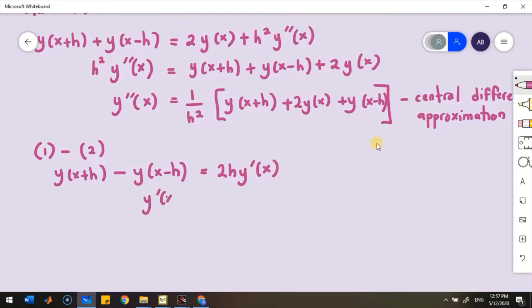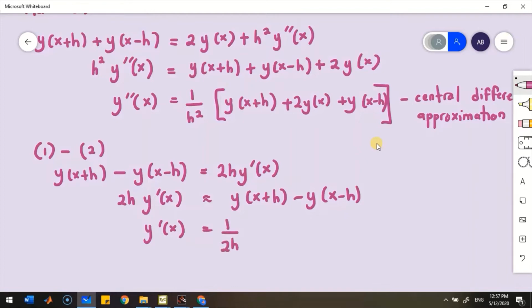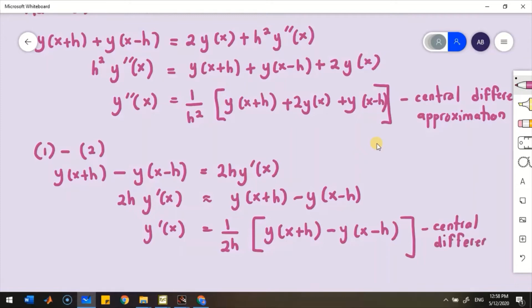So y'(x), don't forget the 2h, equals y(x+h) minus y(x-h), divided by 2h. So I have the first derivative for the central difference approximation. This is also a central difference approximation for the first derivative.